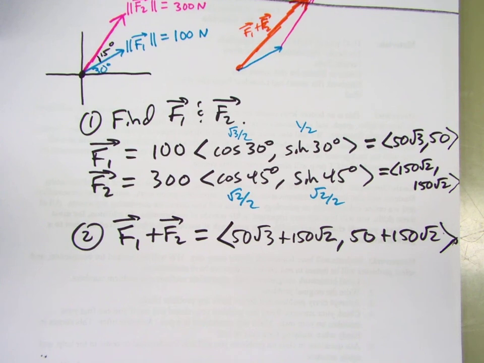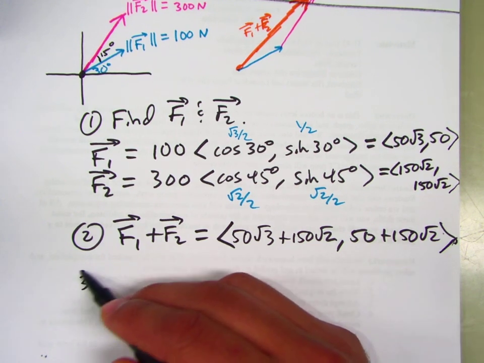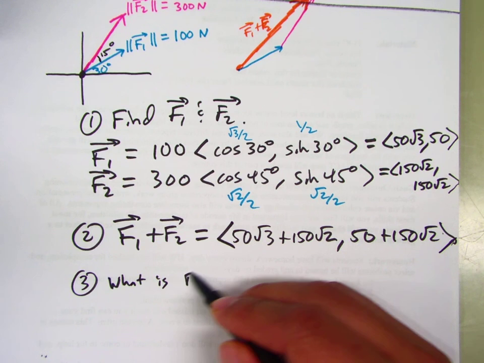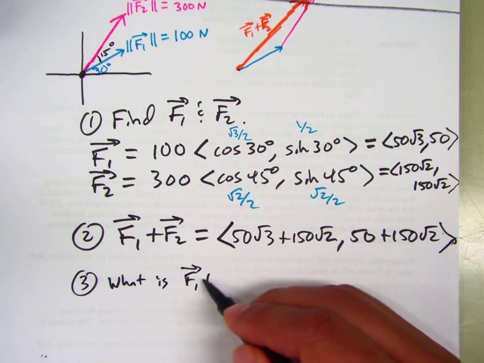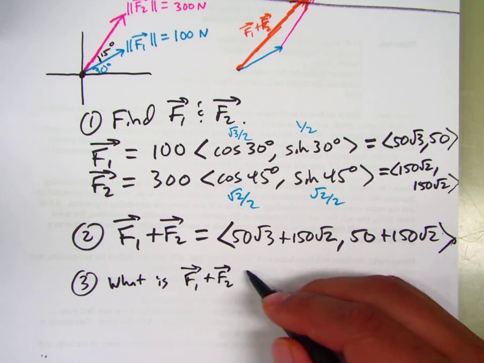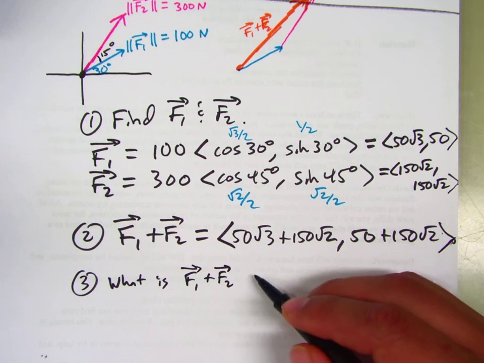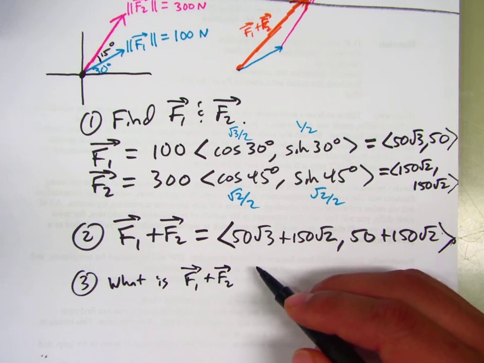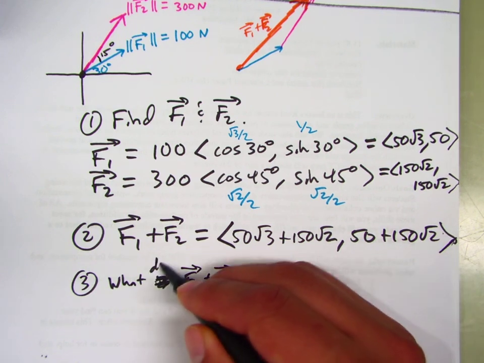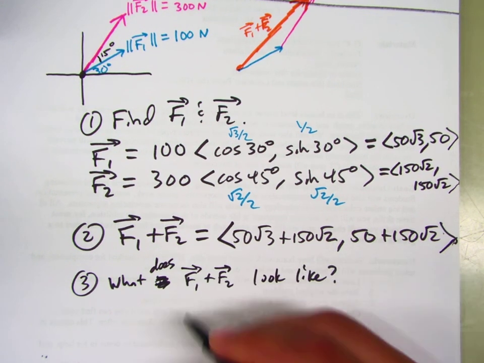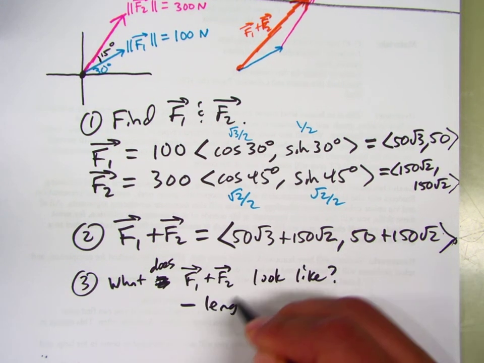What we need to do now is find the length. So what does the vector F1 plus F2 look like? For that, we need a length and a direction.